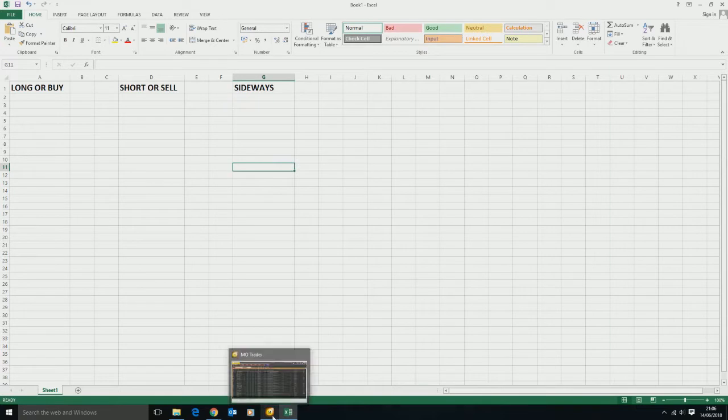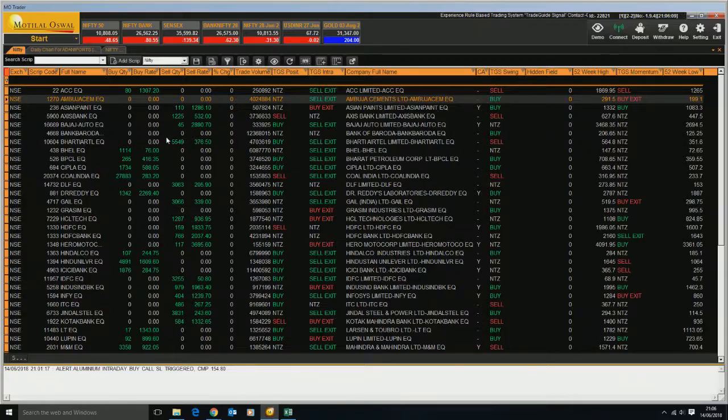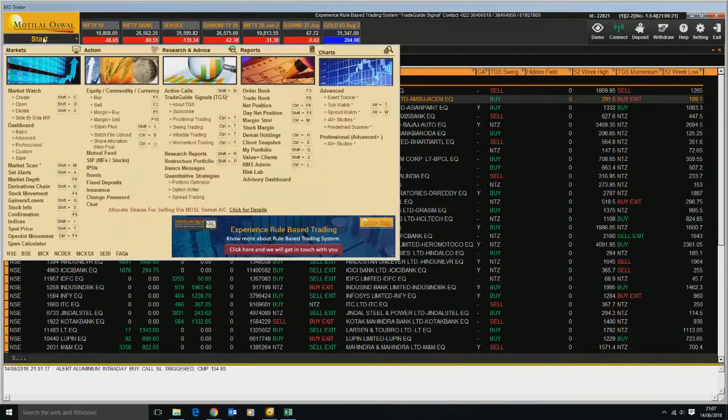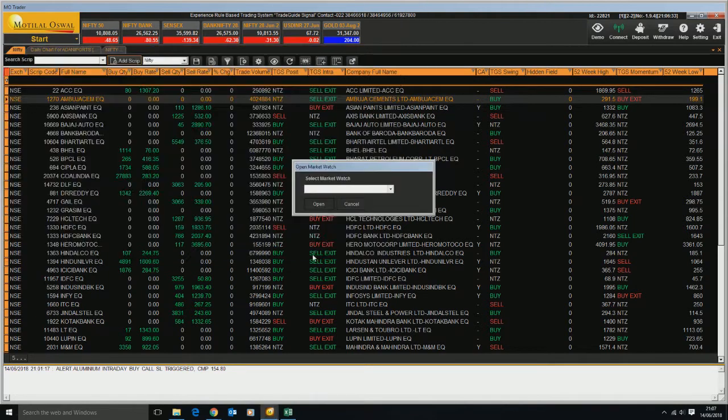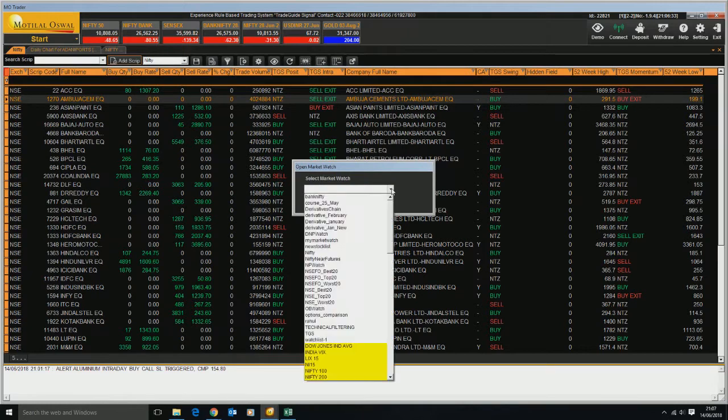Again, I go back to the terminal here and you see the present state of the market, what has happened today. If you click on start here, in MOSL you have some predefined market watch lists. If I click on open here, then in this drop down menu you have various indexes: Nifty 100, 200, auto, bank, infra, IT, media, metal, all predefined.